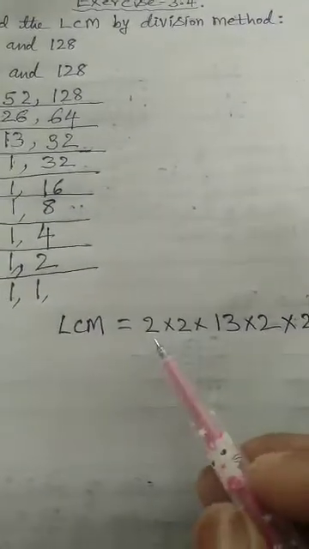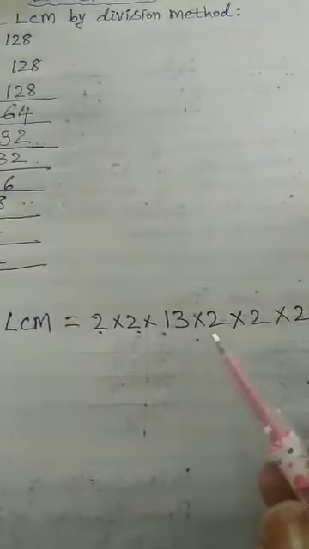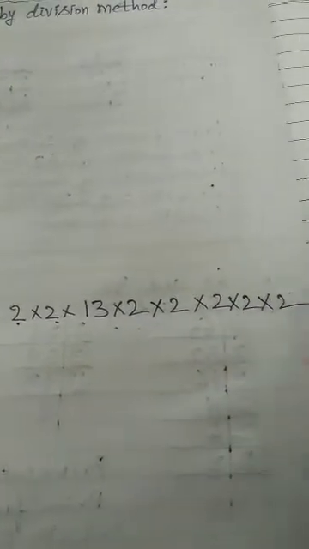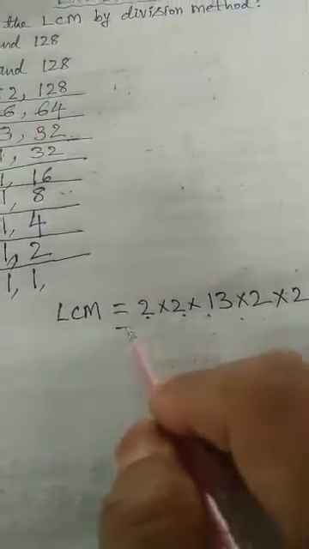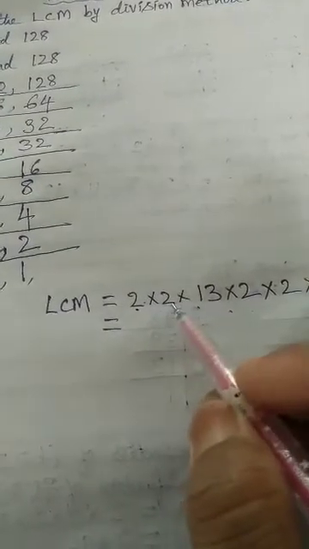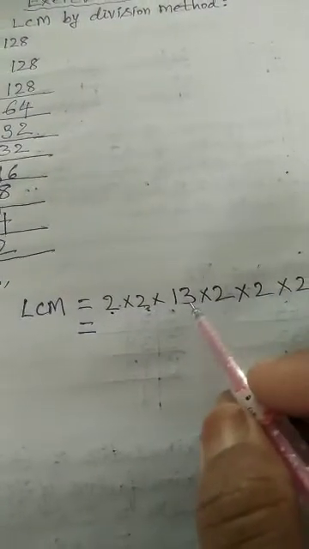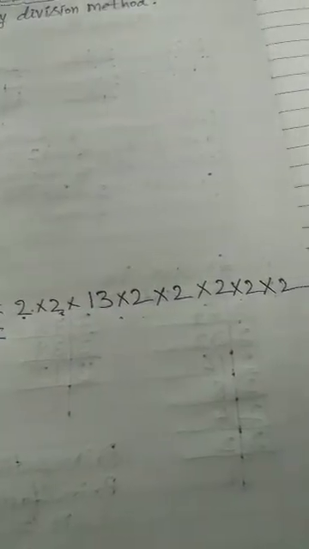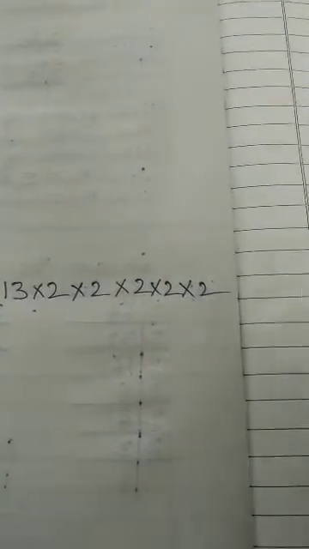So you can see here 2 into 2 into 13 into 2, 2, 2, 2, 2, all multiplied. How much will you get? 2 2s are 4. 4 13s are 52. You can see here.